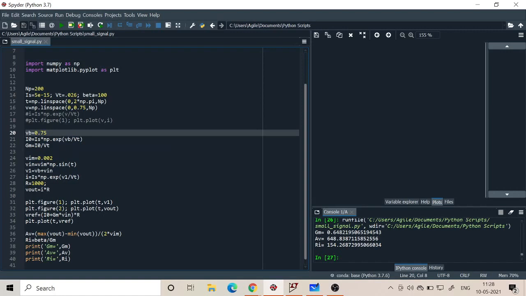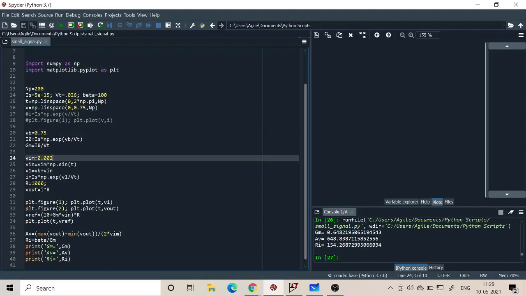Okay, I naught is basically the DC current, and that is the exponential of the DC voltage VB divided by VT, VT is 0.026, into IS, so that will give me the DC current, and then GM is basically, as I just showed you, IDC divided by VT. Okay, so the DC collector current divided by VT. So that is my GM.